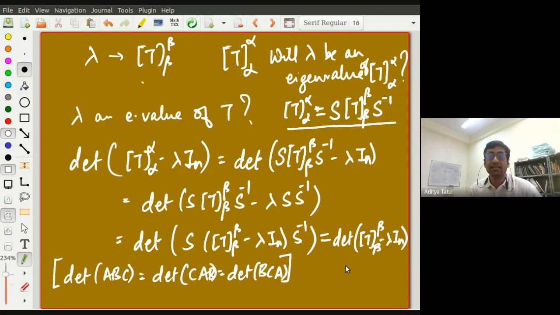It doesn't matter what basis you choose to obtain the matrix representation. The determinant will remain the same, so the characteristic polynomial remains the same, and therefore the eigenvalues always remain the same.